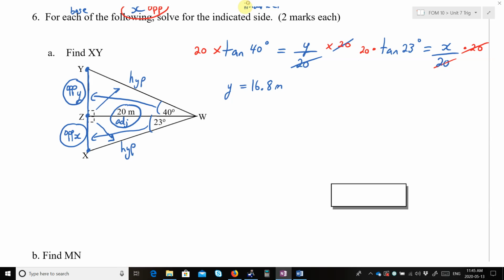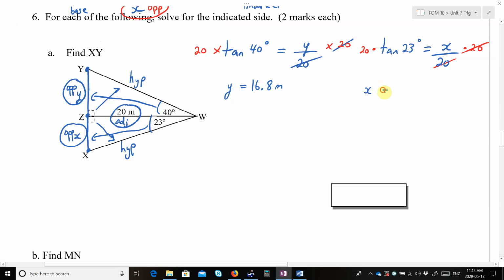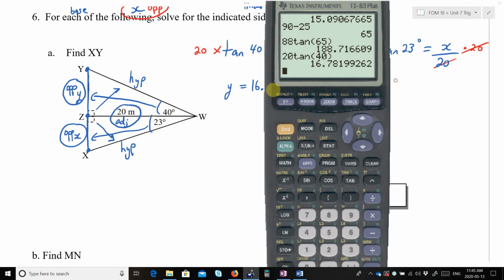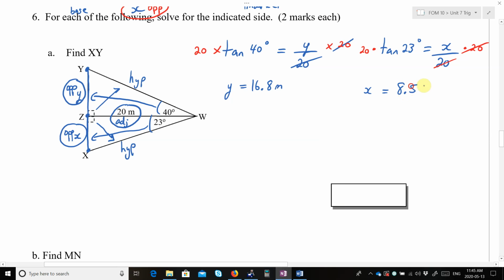That cancels to 1, and so x is equal to 20 tan 23, and we get 8.5 meters.